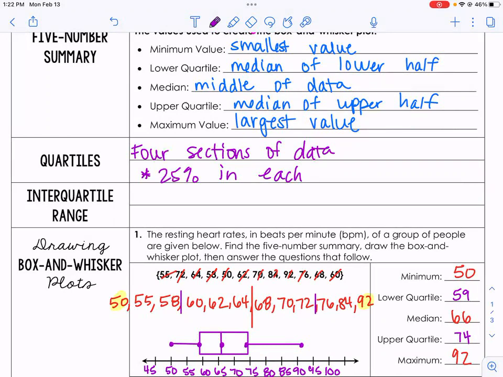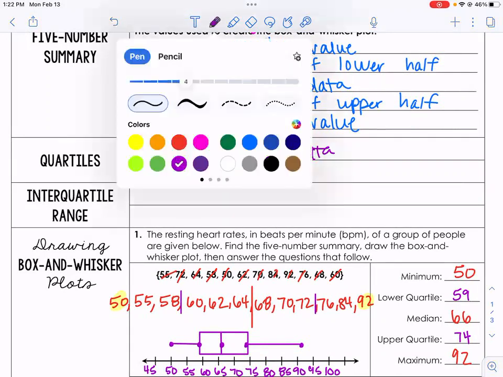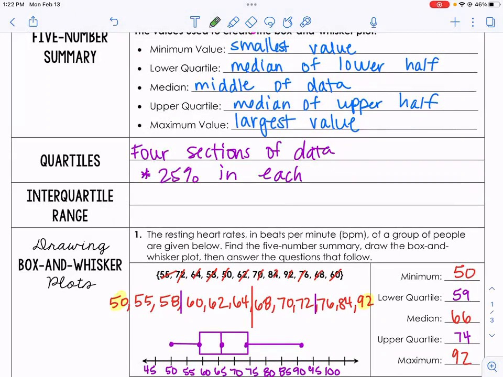So if every section is 25%, how much of the data is in the entire box? 50, because that has 2 sections. Now the interquartile range, that's going to be the upper quartile minus the lower quartile. Weird, right?